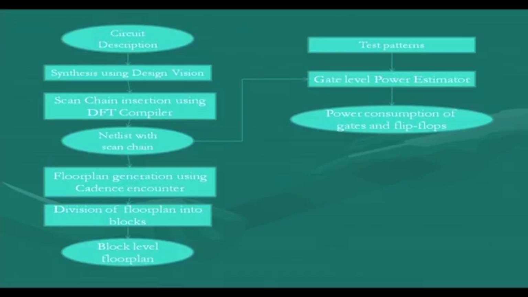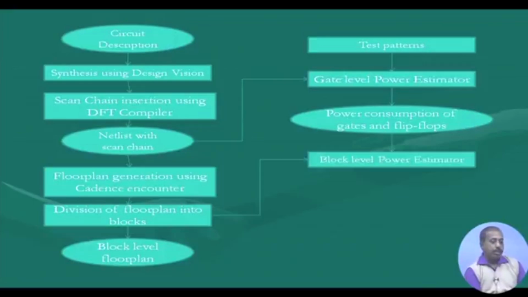As an output we get the power consumption of gates and flip flops. We have already divided the floor plan into blocks, so we can sum the power consumption of the individual gates and flip flops belonging to a block and get the block level power estimation. So for individual blocks in our floor plan, we can get the power consumption.